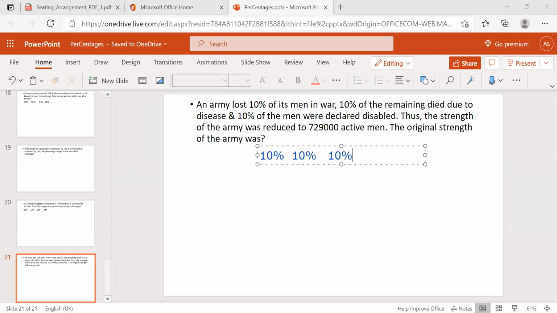So totally 10% and then 10% and then 10%. It's not a 30% now. Okay, think it is not 30%. It's decreased by 10% first of all, then 10%, then 10%. Okay, so the remaining in that 10%. Now initial value and final value. You can solve this in the same way.